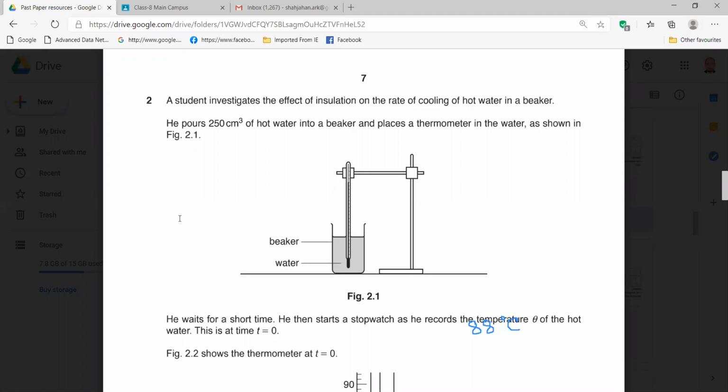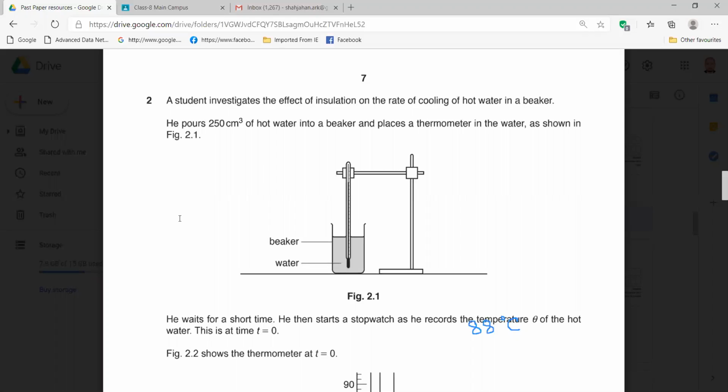Look, you have to be very careful when dealing with this question, because here it is given that he waits for a short time. That means he is not giving too much time. He is doing the experiment then and there. He is taking the record then and there. He waits for a short time, that means he is not waiting for a long time.